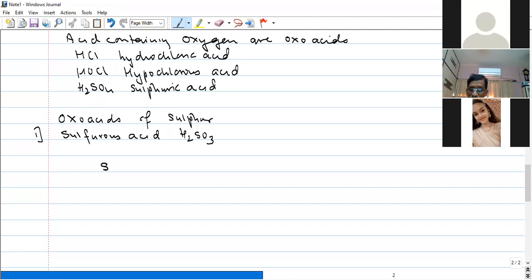Structure: sulfur with OH, OH and S=O. It is a dibasic acid. Dibasic acid means it gives you two H ions on dissociation. And it has a lone pair of electrons.